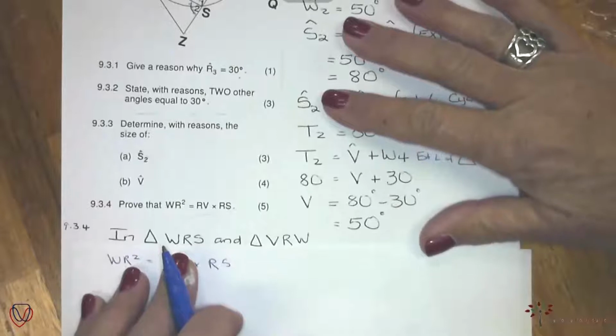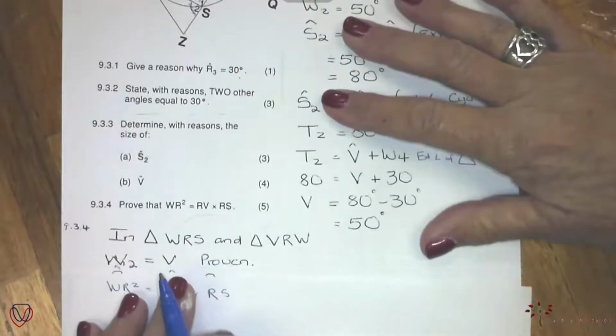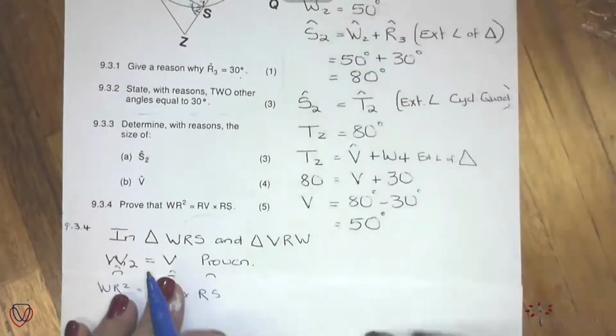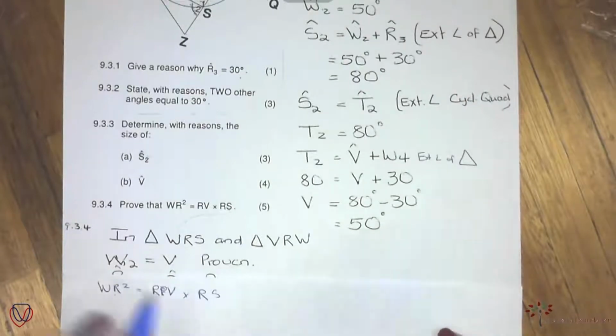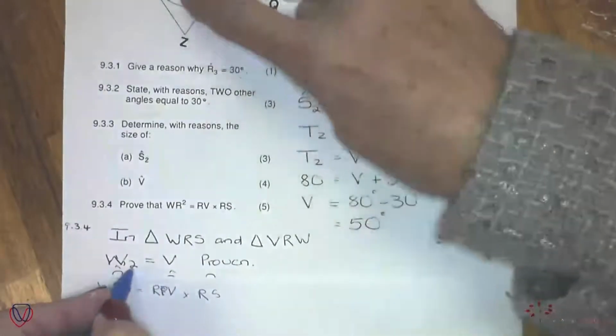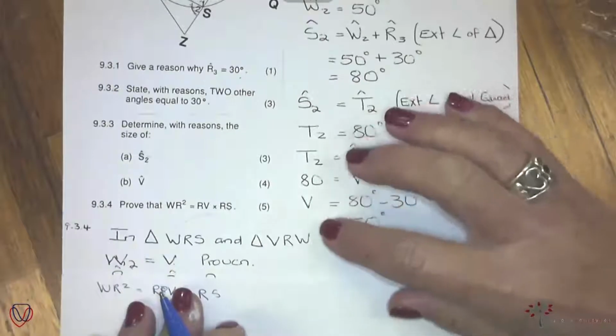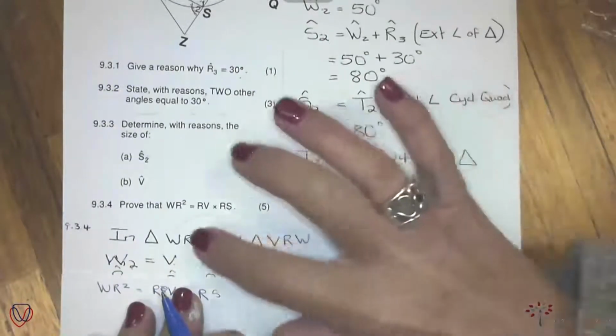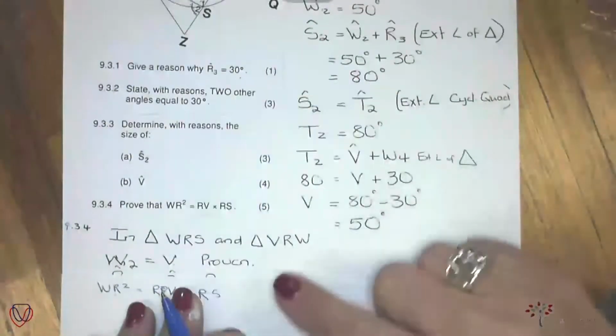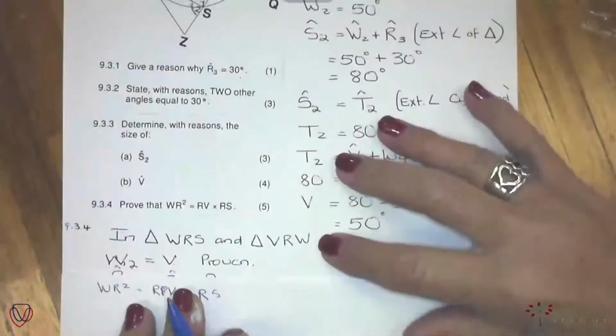It's always easy to first do your proof. We're going to say W2 is equal to V. Oh, I worked from the small triangle to the bigger one. W2 is equal to V. It has already been proven, 50 degrees. So I worked from VRS, from this one. W2 is equal to V. There's the other one.